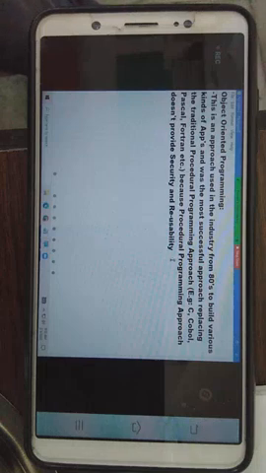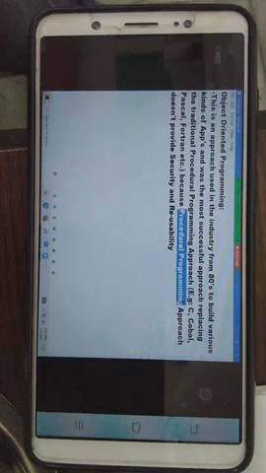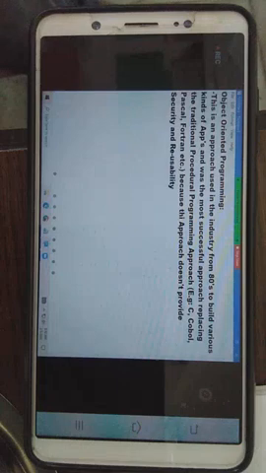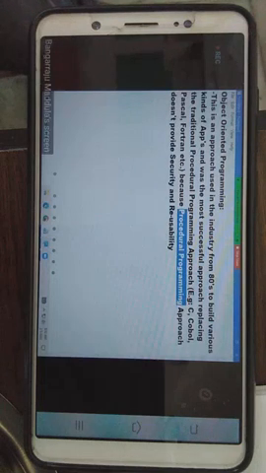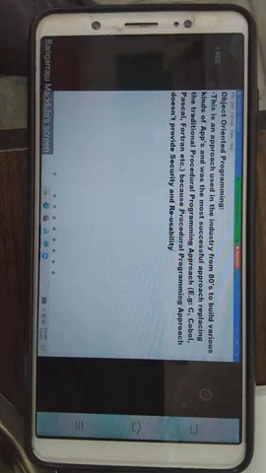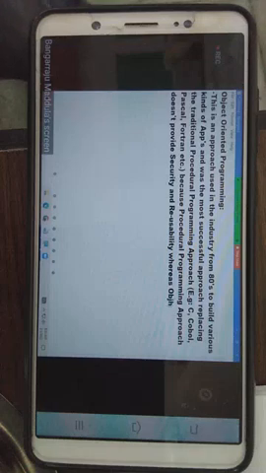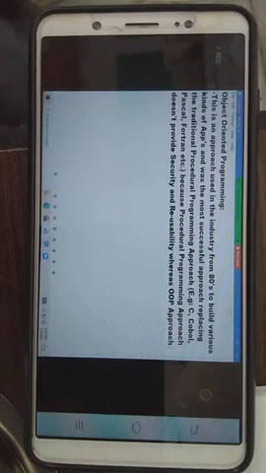Got my point, all of you? Okay, so what is the drawback? Simply, the procedural programming approach doesn't provide security and reusability, whereas the object-oriented programming approach provides it.